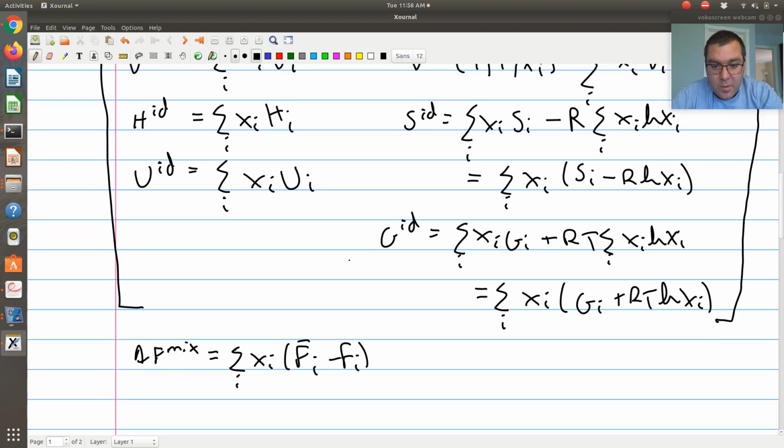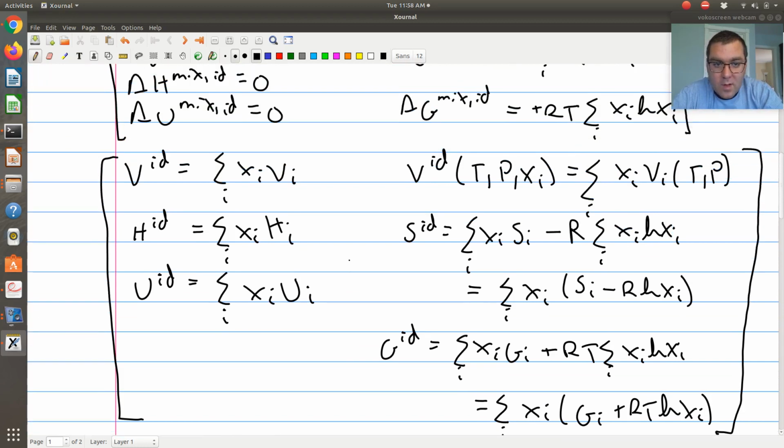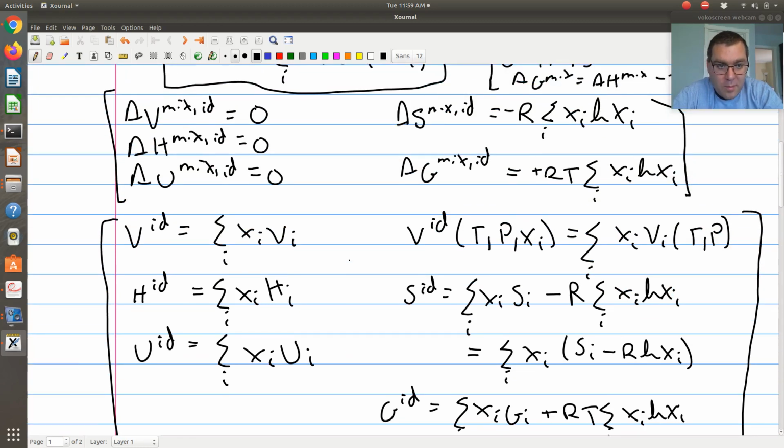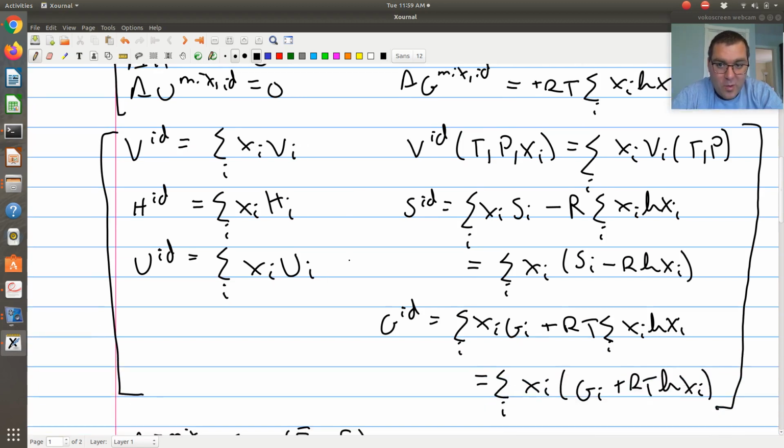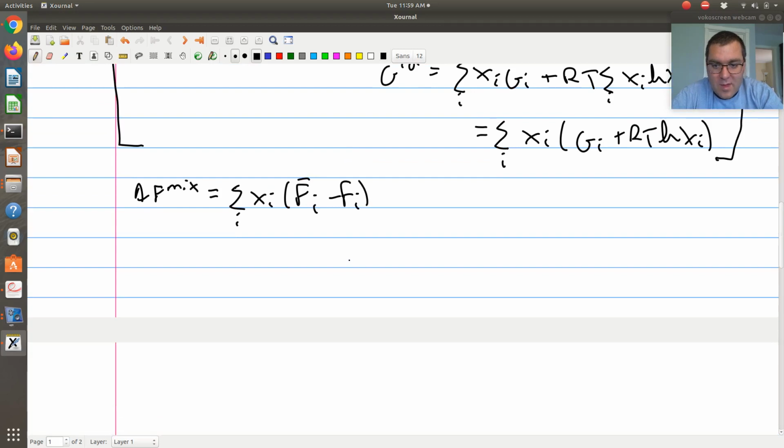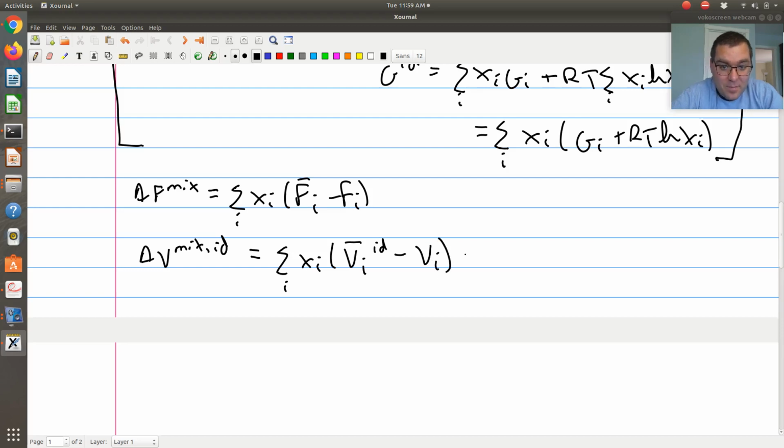So up here we have expressions for our property changes upon mixing. Starting with V, delta V of mixing in my ideal solution is equal to the molar average of V bar i in my ideal solution minus Vi, and delta V of mixing of an ideal solution is equal to 0.